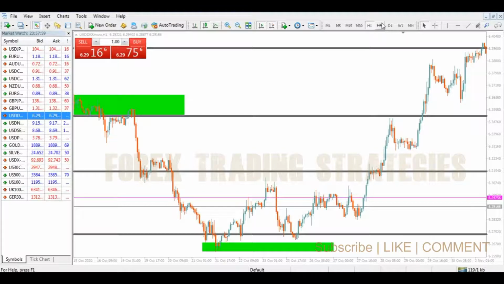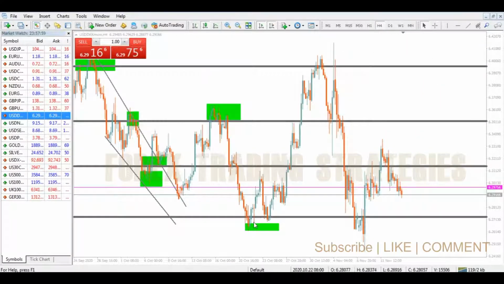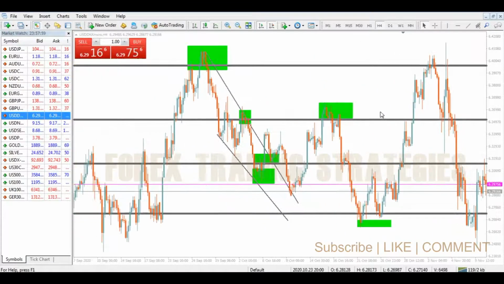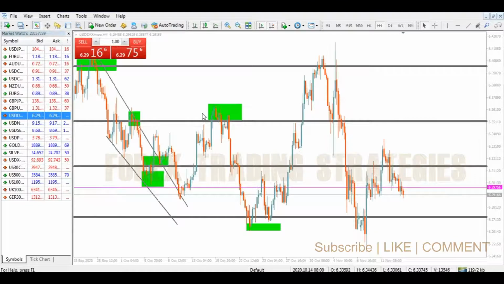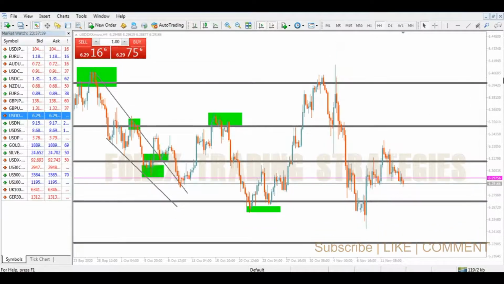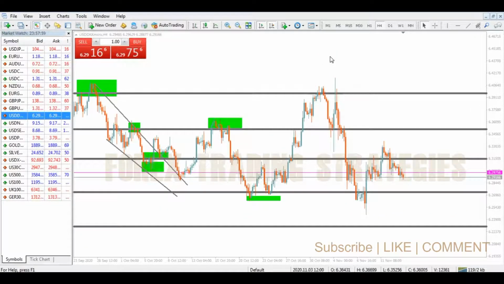This is on the 1 hour, but on the 4 hour you can tell that price is going up. That's the problem with lower time frames. Sometimes they play with your mind and you cannot tell exactly which way price is going.